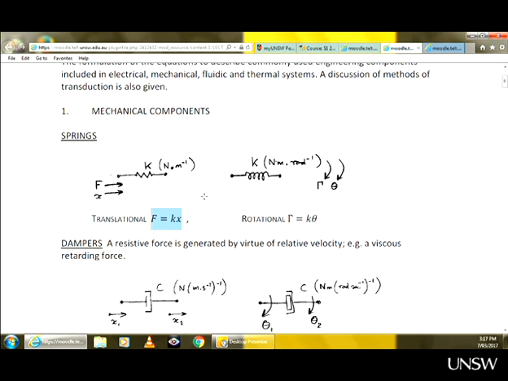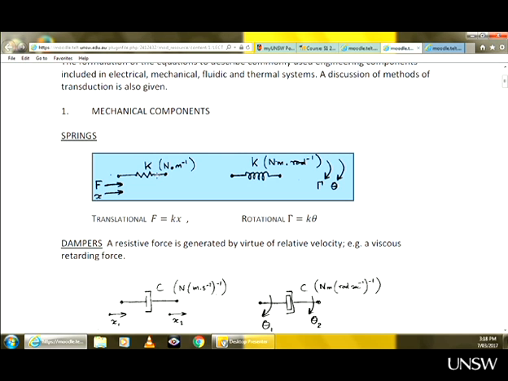Okay, so the first device here is a standard spring, a linear spring. So you apply a force, as we had before, the spring, in this case, probably compresses by x. So the relationship between the force and the displacement of the spring is F equals kx. Very simple. The second spring here is a torsional spring. So you apply a torque, and there will be angular displacement.